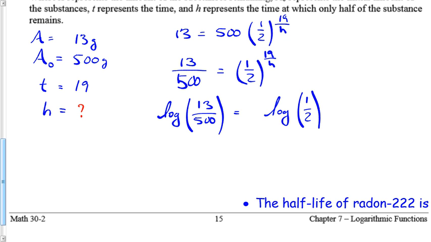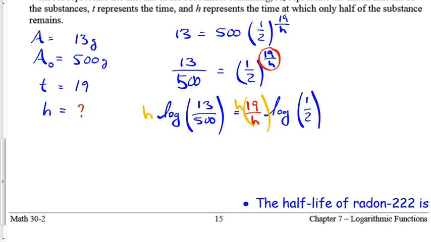Once you do a number of these questions, it'll become fairly automatic that as soon as we take the logarithm, we can bring that exponent down in front. So just to save some time and space, I'm going to bring that 19 over h down in front to multiply it to the logarithm right away. Then because my goal is to solve for h, I'm going to multiply both sides by h so that I get it out of the denominator into the numerator.